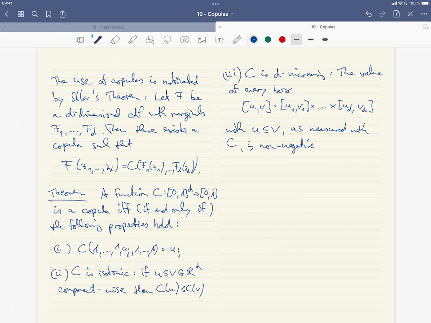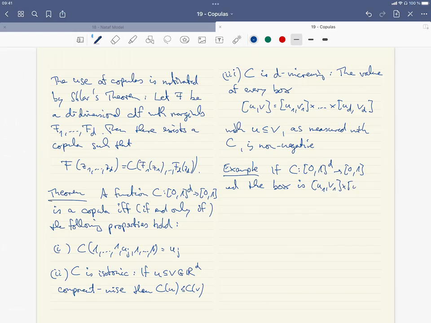And well, what does measured mean? Let me give you an example. In 2D, I can draw this for you. So I have a two-dimensional copula, and the box is U1, V1 cross U2, V2.